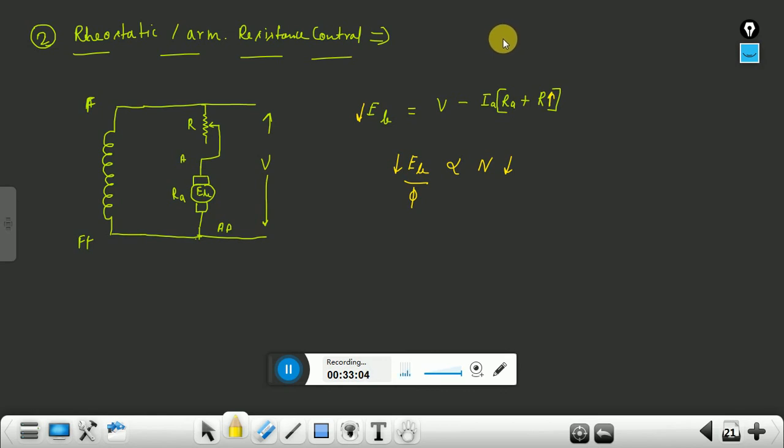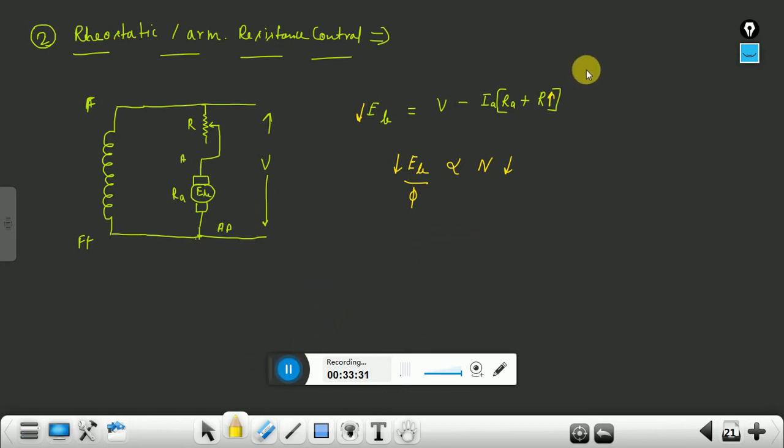It requires cooling methods. It is also constant torque and variable power. And the armature rheostat should be at maximum position during the starting. So these are the cases for this method.